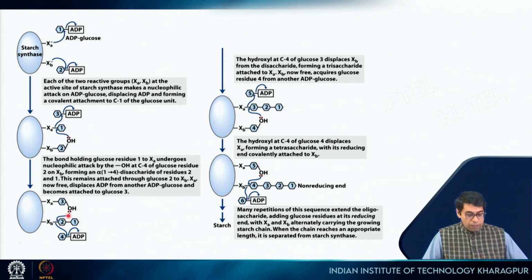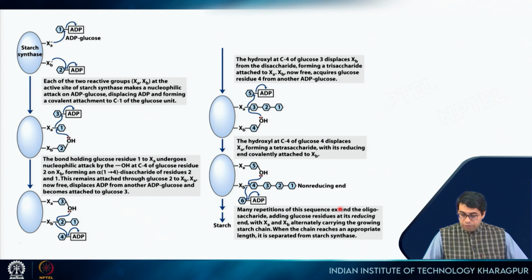So, 2, 1 will get shifted here, see 3, 2, 1 and 4 comes here, right. So, it will keep on oscillating like this and the chain will grow on these two sites. So, here it is in site B, gets shifted to site A, then again gets shifted to site B, right.